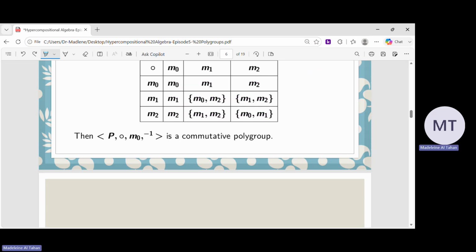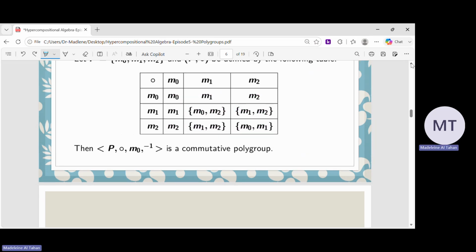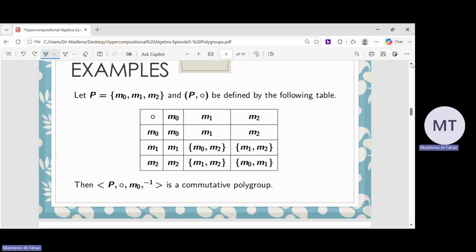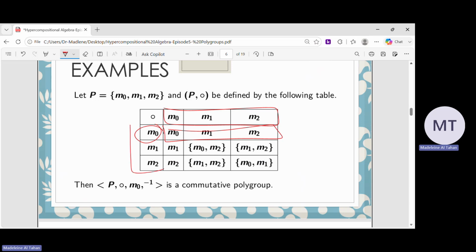You can pause the video and refresh your minds about the associativity and try to prove the associativity for this one. But for now, we will try to find the inverse of each element and the identity. Now, let's look at M0. M0, this row is repeated here, and this column is also repeated here.